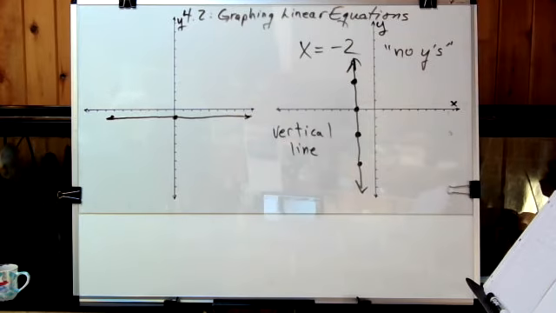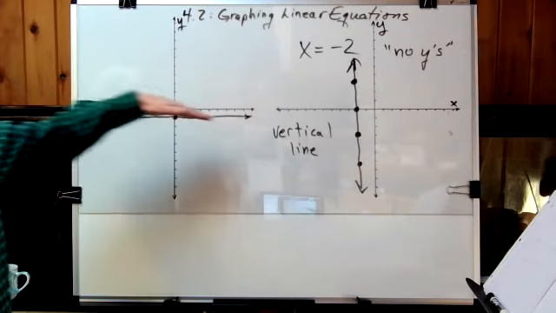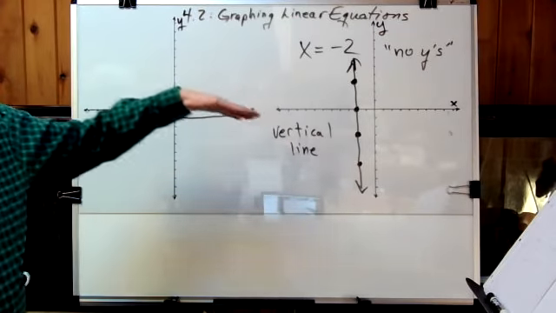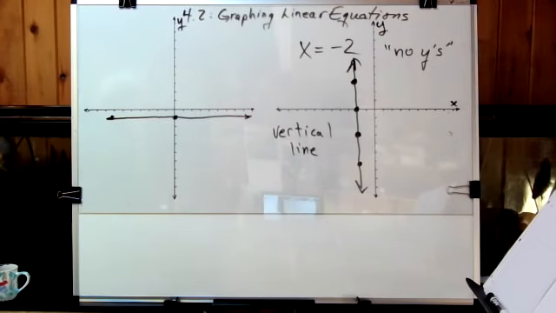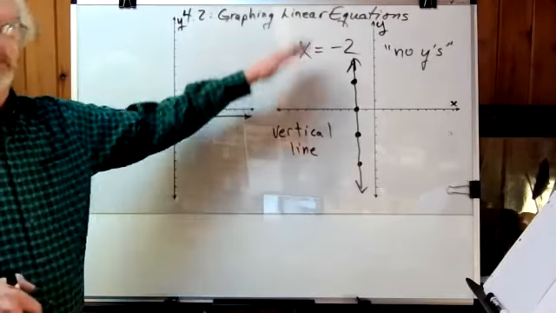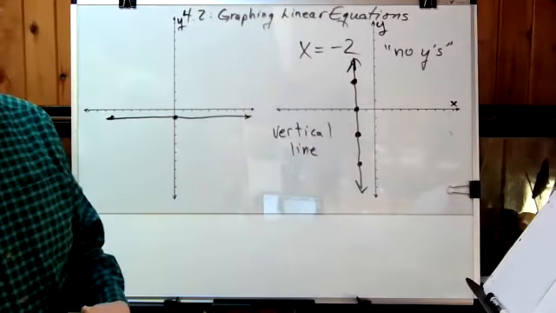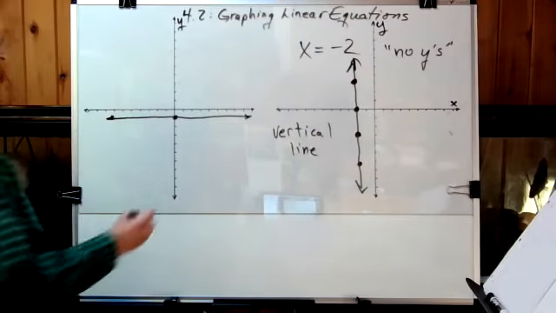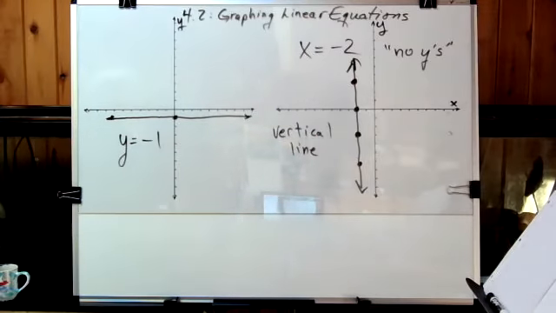It's always at that same y level. The y is the same all the way through. Well, what is that y value? I made it a -1. So for that, going the other way around. Here we got the equation, graph it. If they give you the graph, we will have to be able to write the equation. Oh, that one's a special one we just talked about, so it always goes through -1.